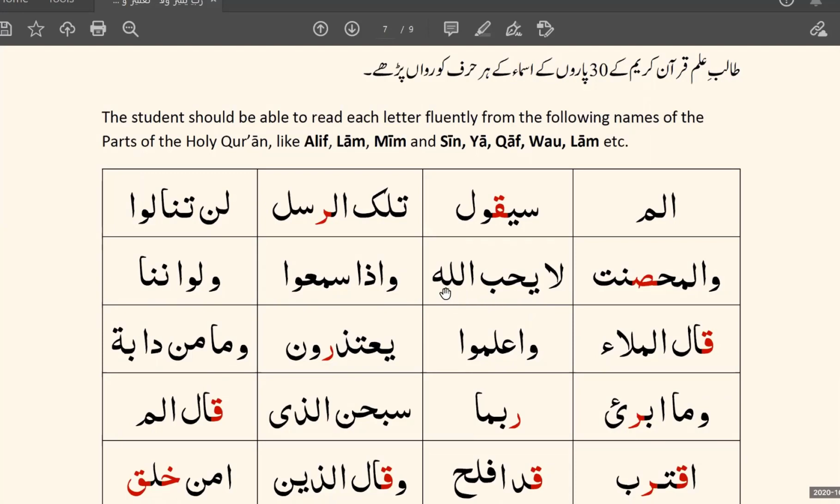Lam. Alif. No, lam. Lam. Ha. Alif. Dal. Dal is soft, like a smiley letter, while the other is a flat mouth face. Dal. Dal. Dal. Alif. Sin.